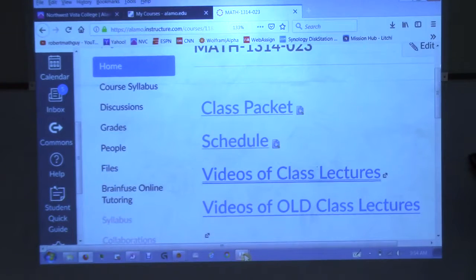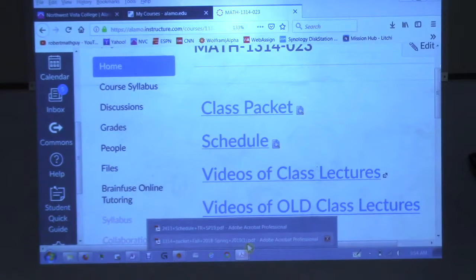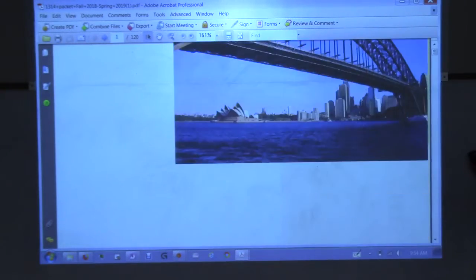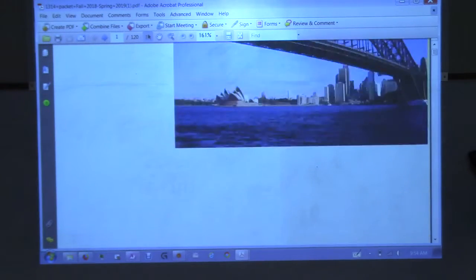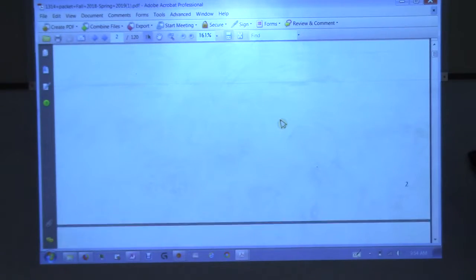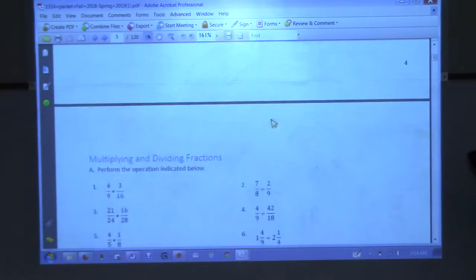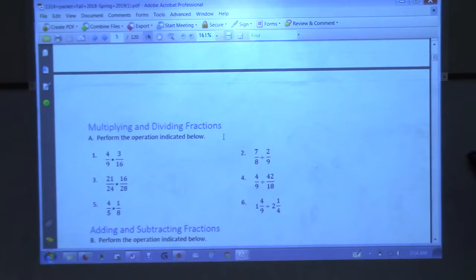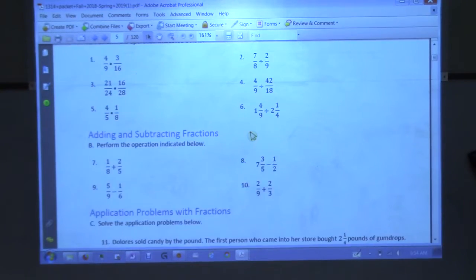I want to show you on the schedule. I looked at the packet a second ago because there's something wrong with the packet. So I want you all to look at this. Here's the packet. The way the packet works is we're going to start out in this section, multiplying and dividing fractions, adding and subtracting fractions.